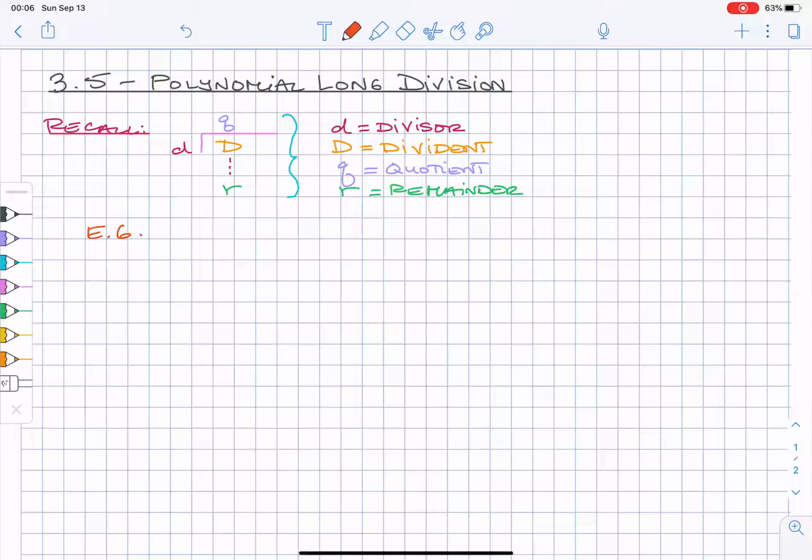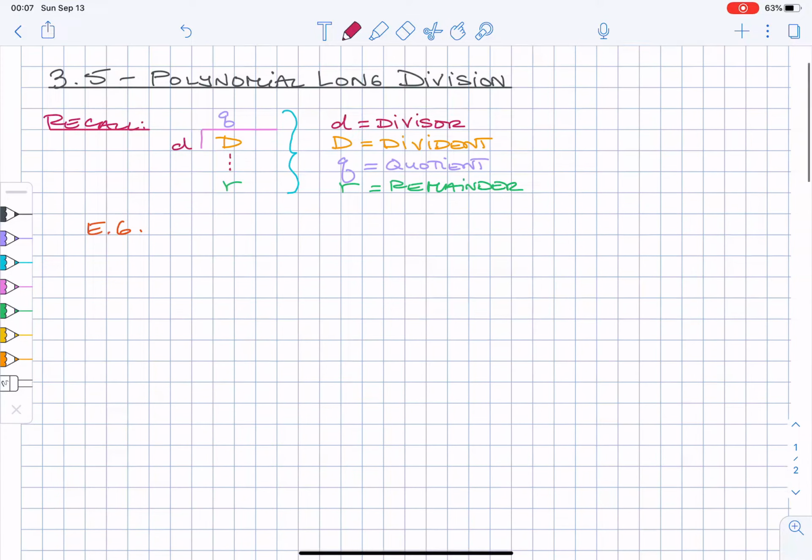let's say I had a divisor of 3 into a dividend of 22. I claim that this goes in 7 times, and 7 times 3 is 21, which I will then subtract from the line above, leaving me with a remainder of 1.